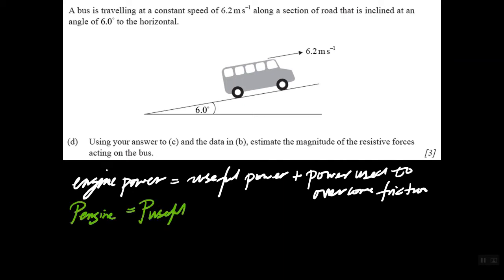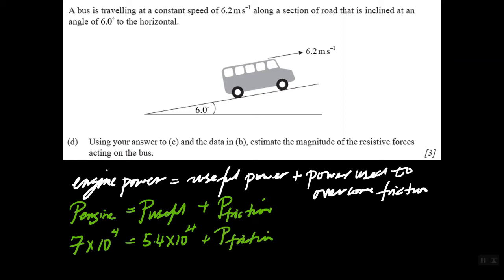Engine power provided 7 times 10 to the 4 equals useful power 5.4 times 10 to the 4 plus the power used to overcome the friction. And we can find power used to overcome the friction equals 7 minus 5.4, which is 1.6 times 10 to the 4 watt.